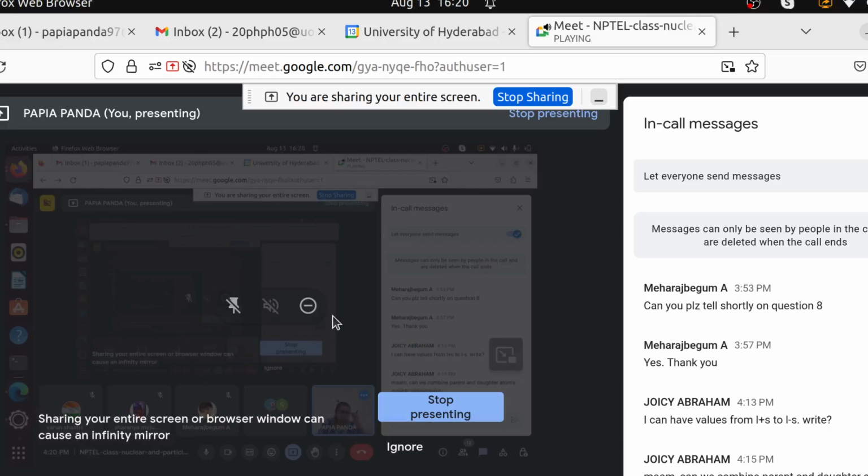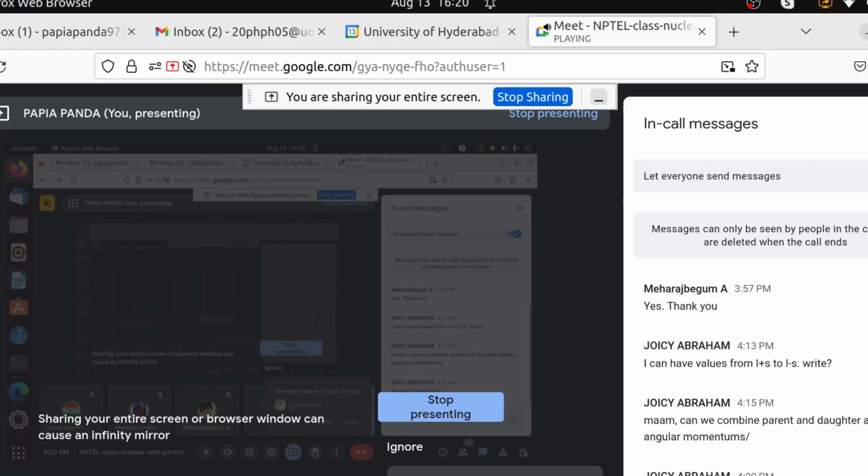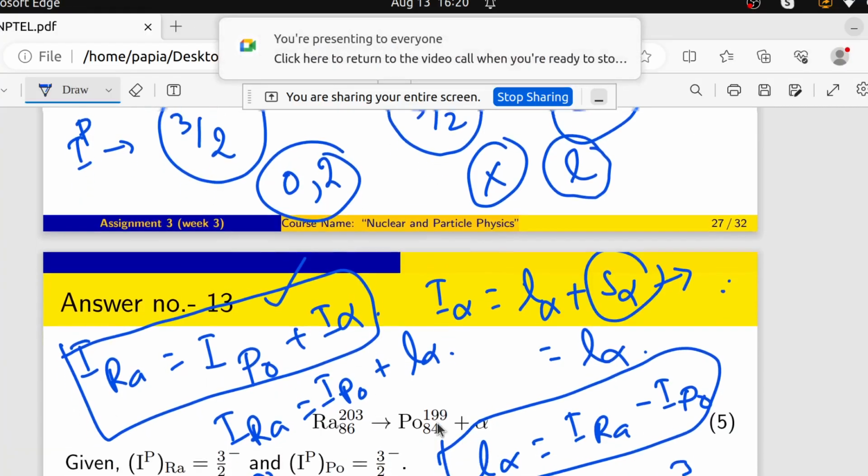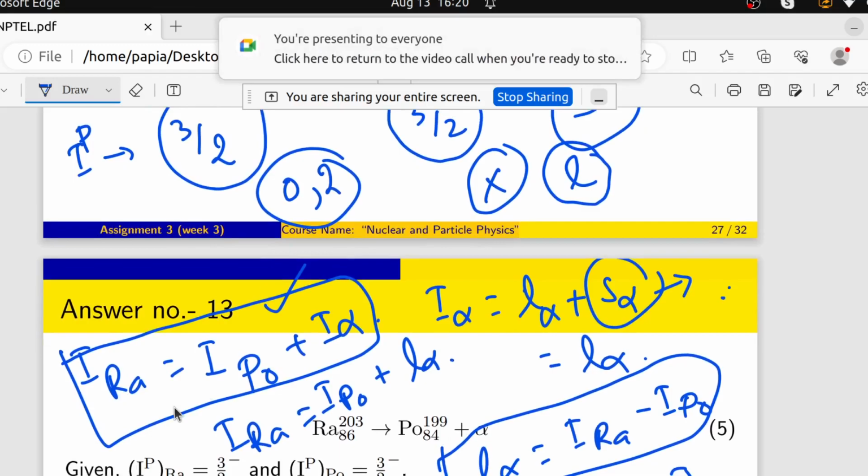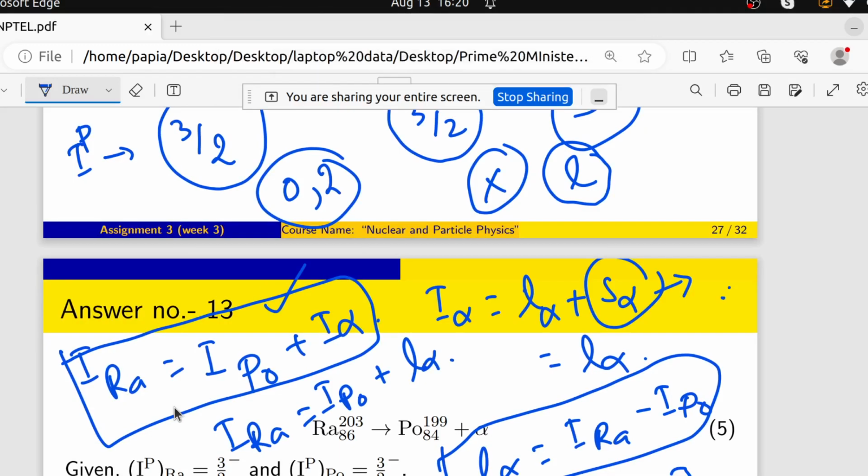Whoever asked me the question, we are not combining parent and daughter angular momenta. Here we are just writing the left hand side and right hand side of angular momentum, and obviously they should be equal. That's why we have written I of Ra equals I of Po plus I of alpha. Now that I of alpha is considered as L of alpha, we have just changed the side, nothing else.